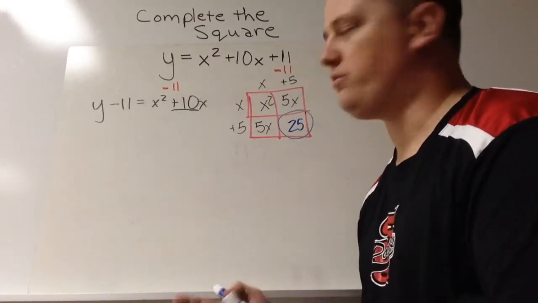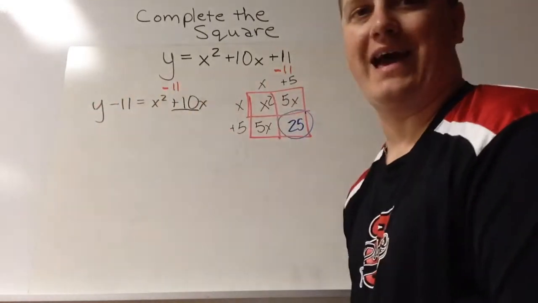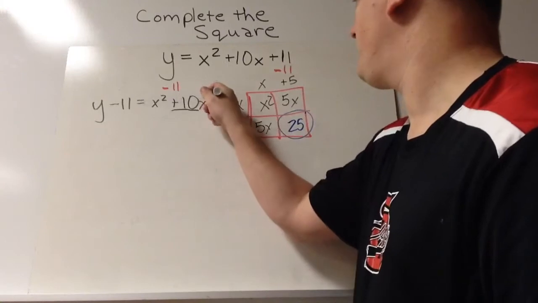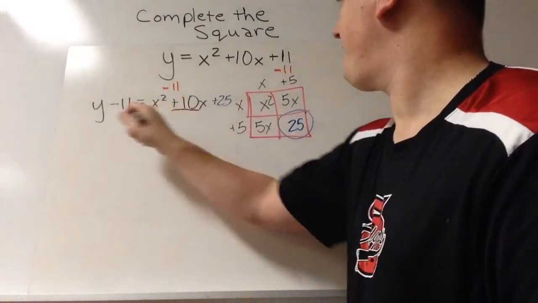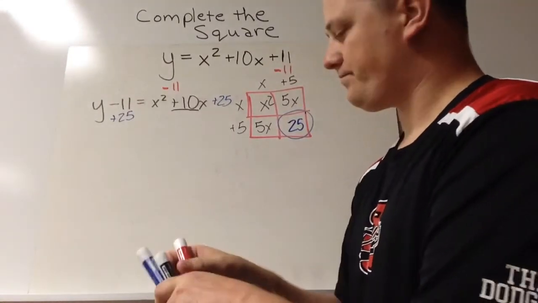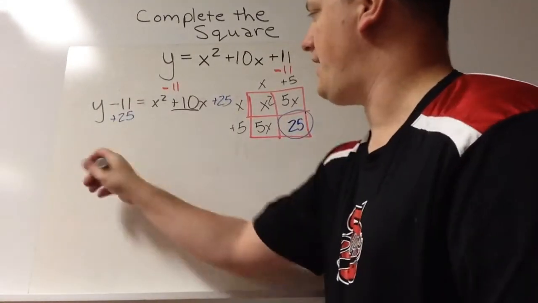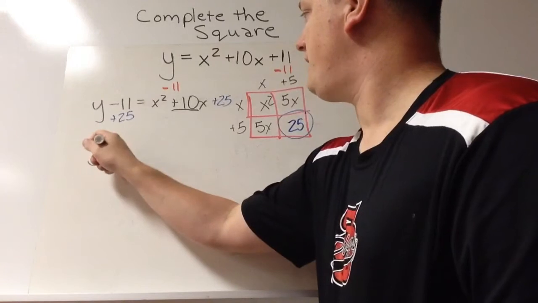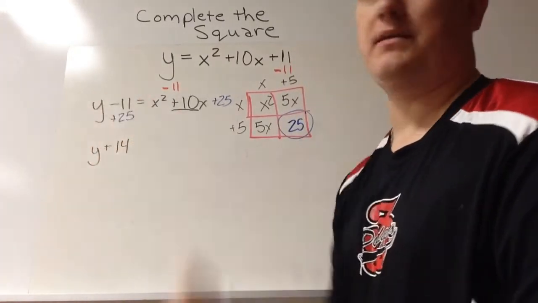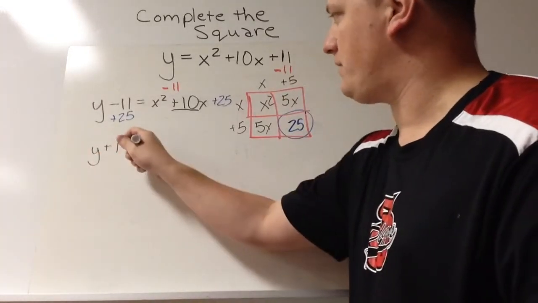What we can do with this 25 is add it to both sides, because we need to keep our equation balanced. So that's now going to create y plus 14, because negative 11 and positive 25 make positive 14.